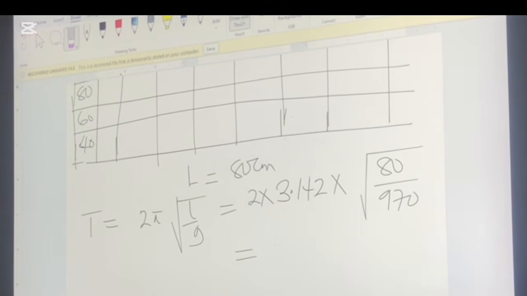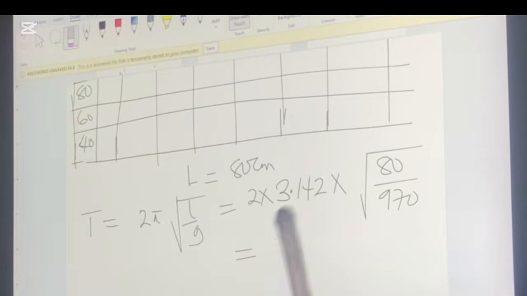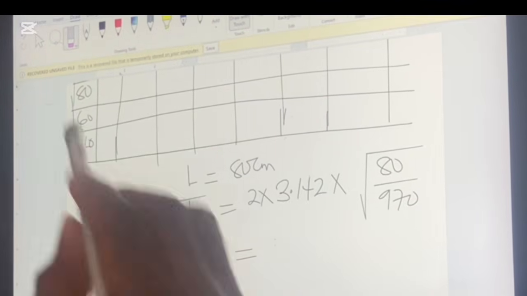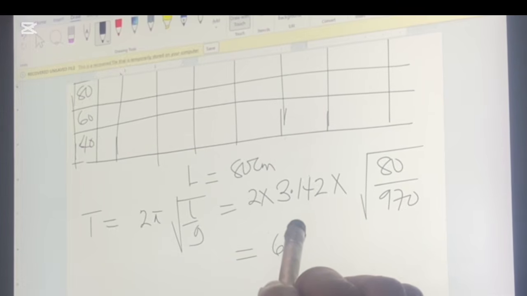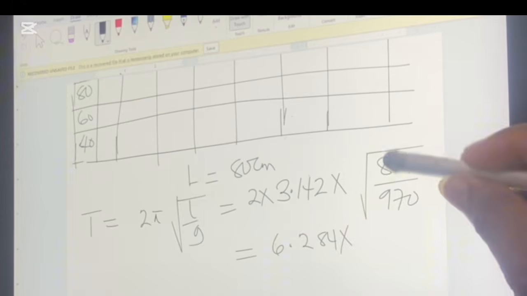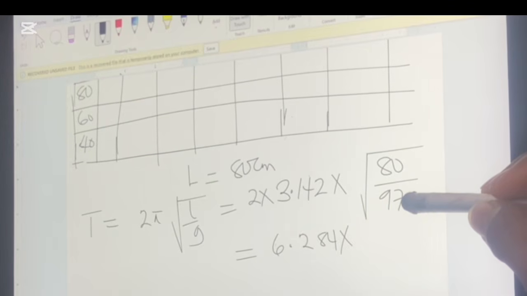Now our answer here is 2 times 3.142, which gives us 6.284, times the square root of 80 divided by 970.